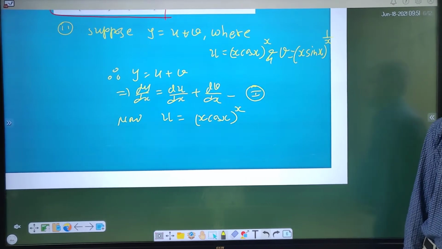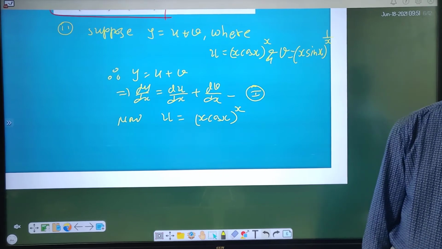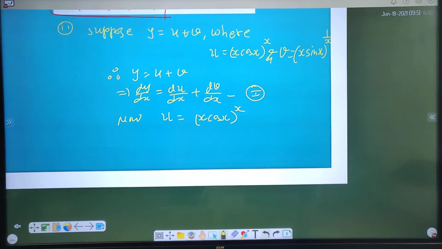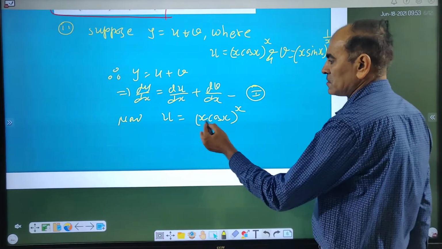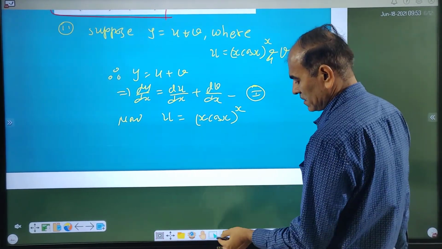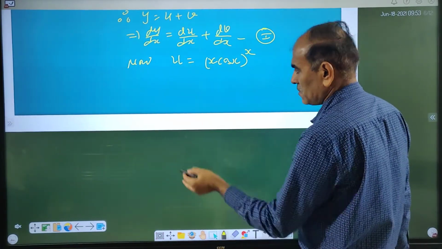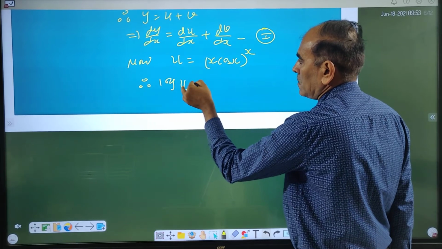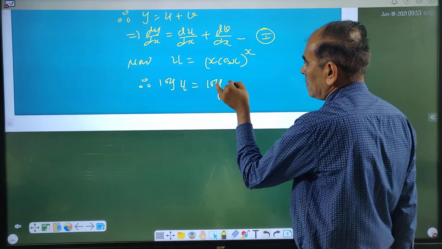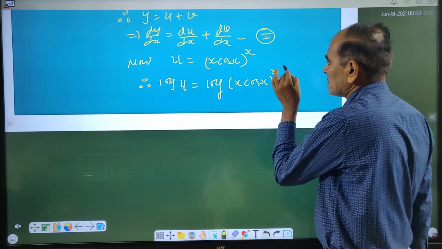Now we can take log on both sides. So u is equal to x cos x raised to x. So take log on both sides. Log u is equal to log of (x cos x) raised to x.